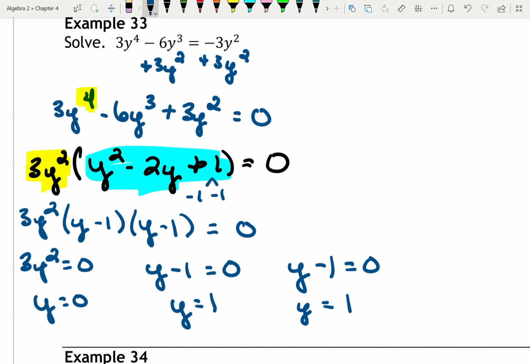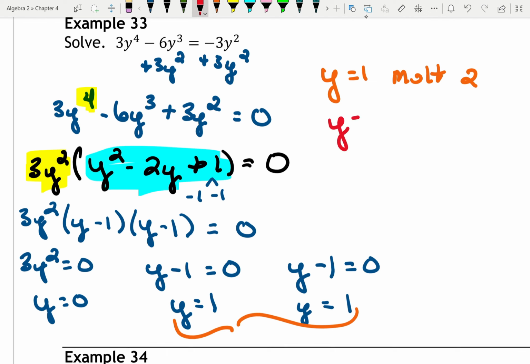Now written here, we have 3 solutions listed, right? We have the y equals 1. So we get y equals 1 with a multiplicity of 2. And then we also have the y equals 0. But we're supposed to have 4 of them total. What ends up being here is that the y squared there tells me that there are actually two y equals 0 solutions, right?